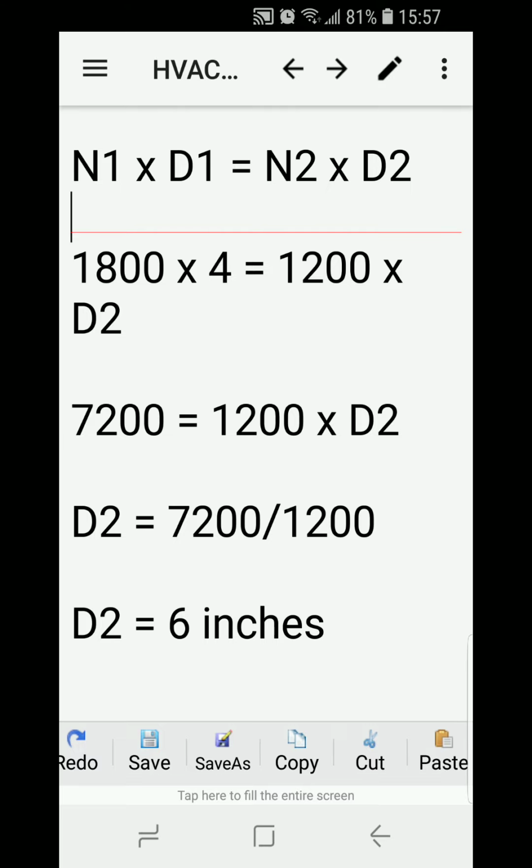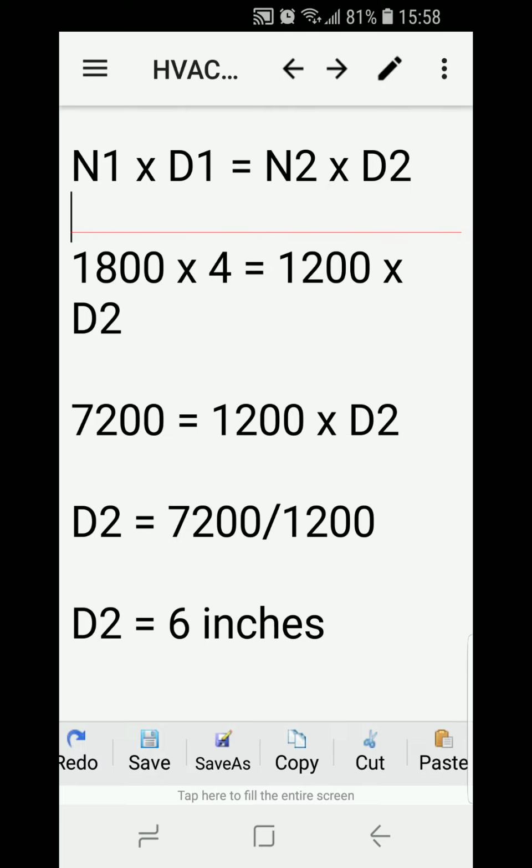So if we look at the answer, it would make sense because the blower is 6 inches, so it is a larger diameter than the motor, which is at 4 inches, and therefore it is spinning at 1200 RPM for the blower.